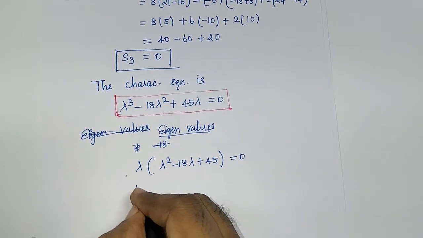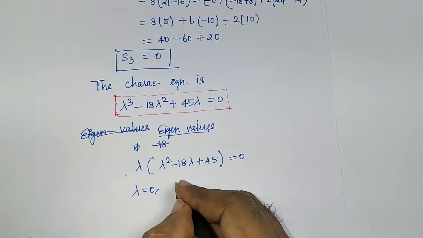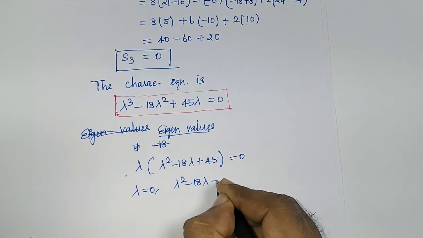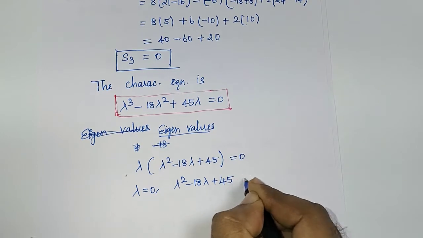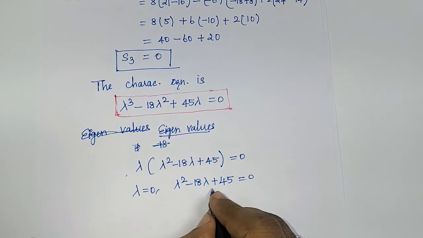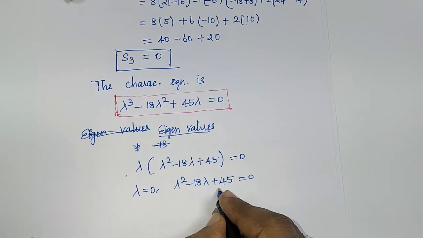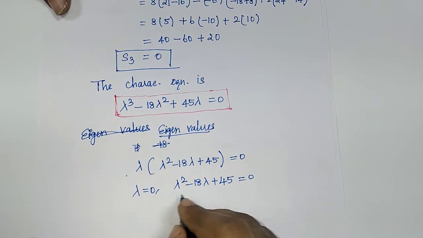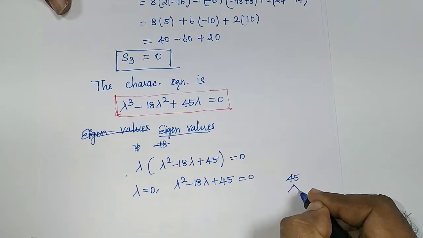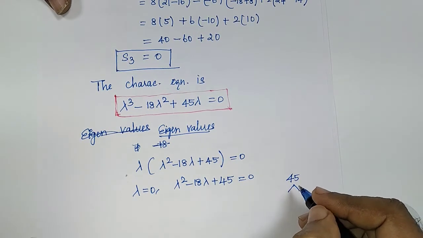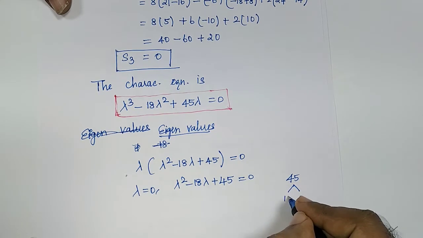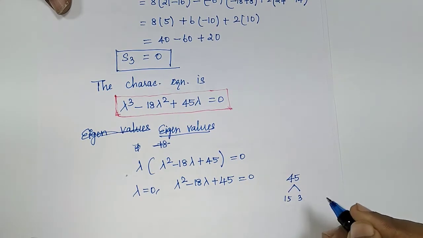Equating to 0, you get one root: lambda equal to 0. And lambda square minus 18 lambda plus 45 equal to 0 is a quadratic equation, which we can easily convert into linear factors. Take the last constant number 45. Which two numbers multiply to give 45? 15 into 3.